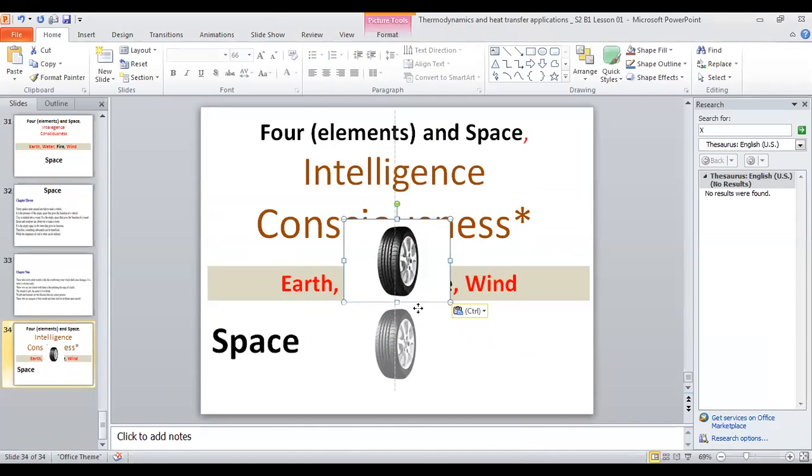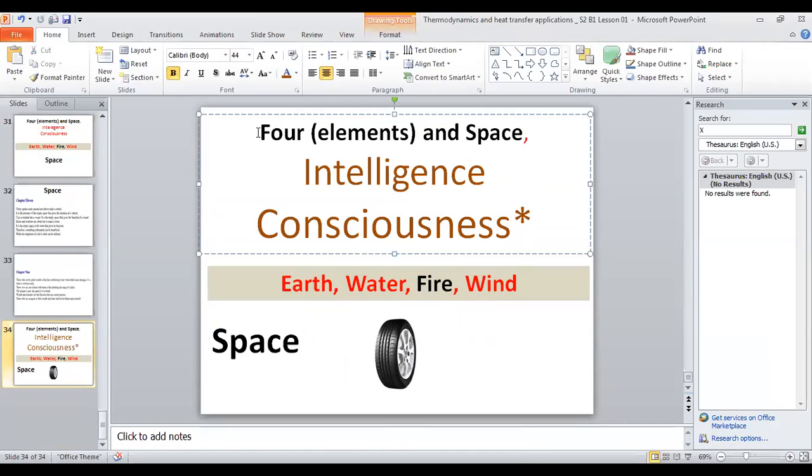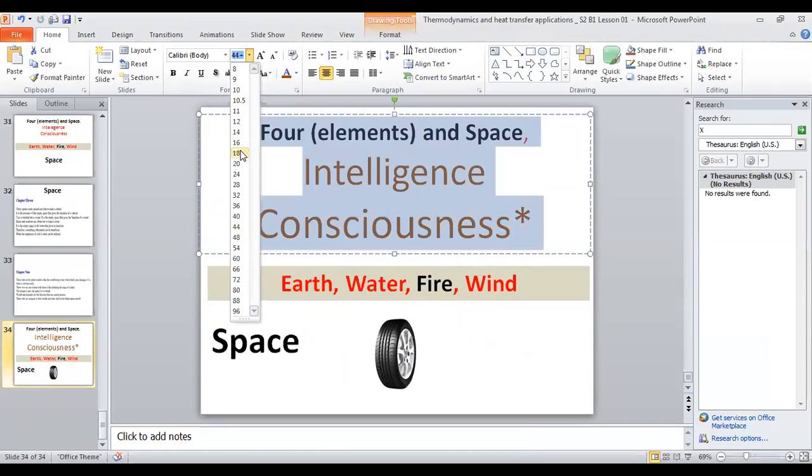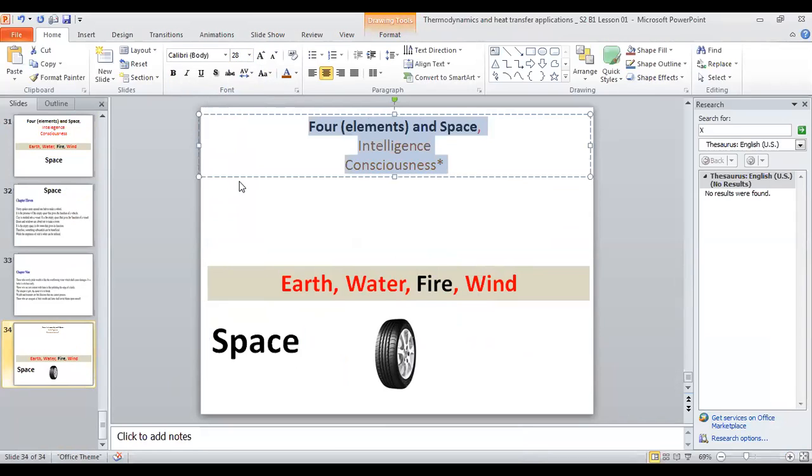Tire. Okay. So for elements and space, intelligence, consciousness, I will bring this to some small verbs because we have learned this. So this is not a knowledge but realization.